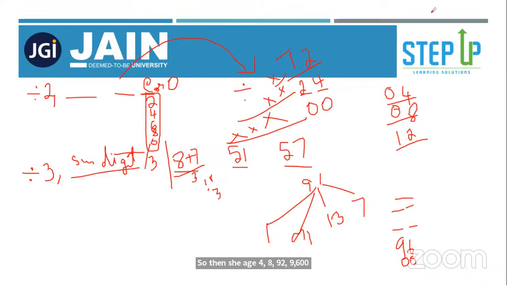Good. So if these numbers come at the last place, then that number is divisible by 4.